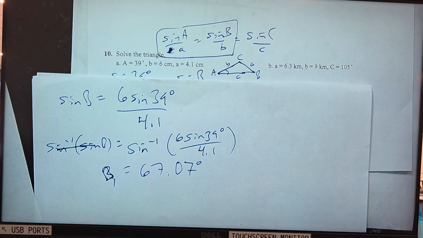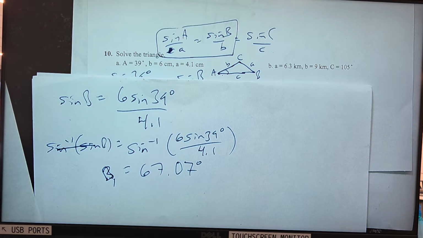So I basically drew it. Here's B, here's A. We know angle A, we know side B, and we know side A. So what could happen is, I've got a triangle there, but I could also have a triangle there.